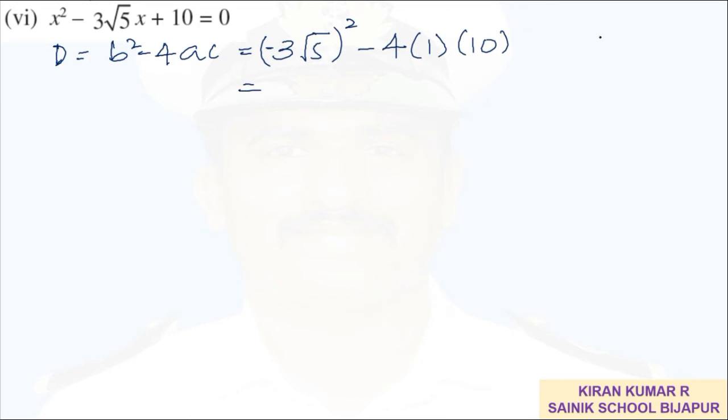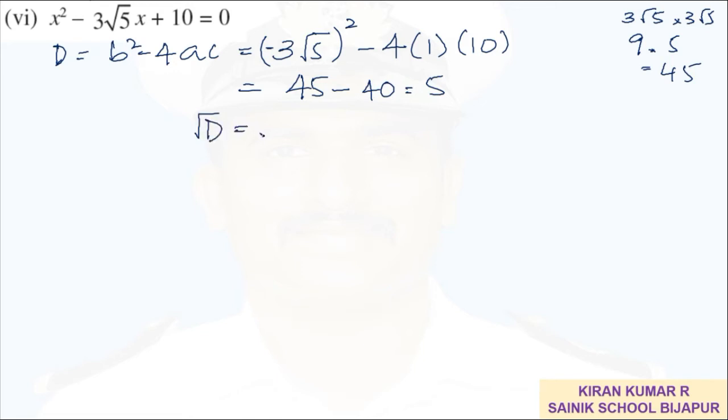What is 3 root 5 whole square? It is done like this: 3 root 5 into 3 root 5, nothing but 9 times 5, 45. So 45 minus 40 equal to 5. Therefore, root d is root 5.